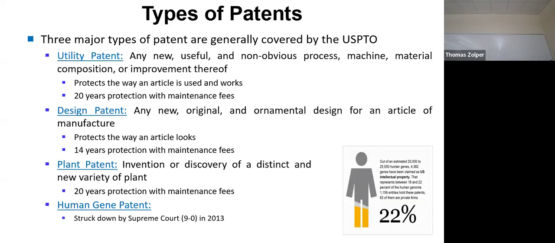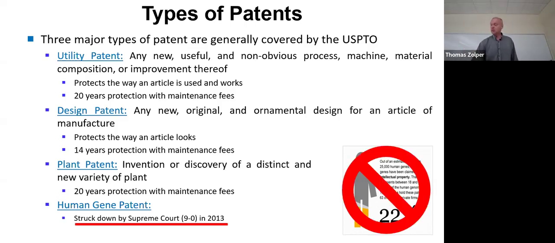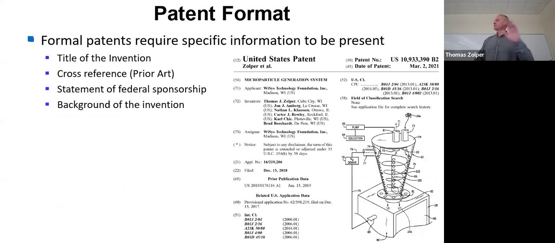But this was creating a lot of inhibitions to medical progress, genetic diagnostics, genetic testing, all those things, that it actually went to the Supreme Court and was struck down 9-0 in 2013. So that fourth type of patent that briefly existed no longer exists, because it was seriously compromising the health and well-being of a lot of people around the world. Certain companies with a gene patent were saying, hey, you can't use that, that's ours, we invented that. And arguably, that was already in place long before the patent office even existed.